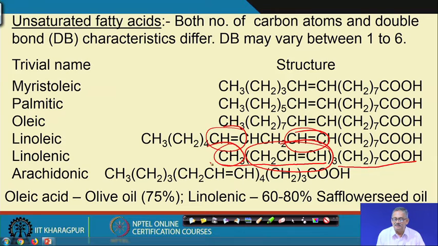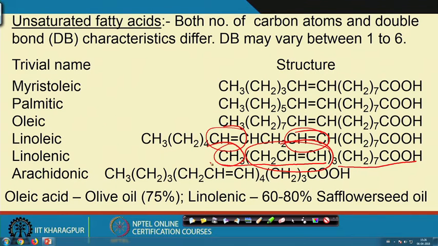So there are 3 unsaturations in linolenic acid, with the double bond groups associated on one side with the methyl group, and on the other side with the rest, CH2 whole 7 and COOH, the 9 position being the same as before.